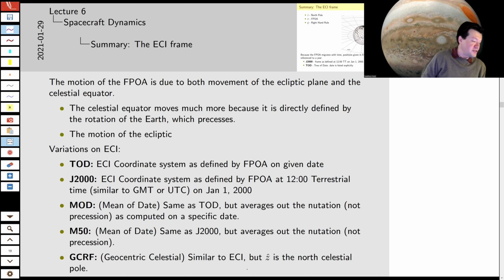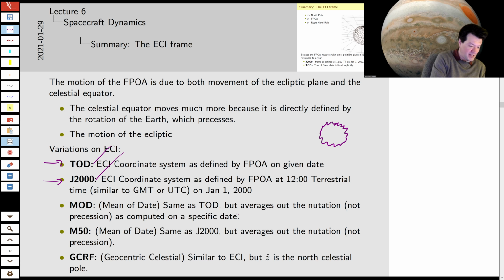Some other Earth-centered inertial variants you may see occasionally. We just described the J2000 TOD. Another one is mean of date. Remember there's those nutations, which are relatively high frequency, 18 years. So that's sort of a problem sometimes with these true of dates.